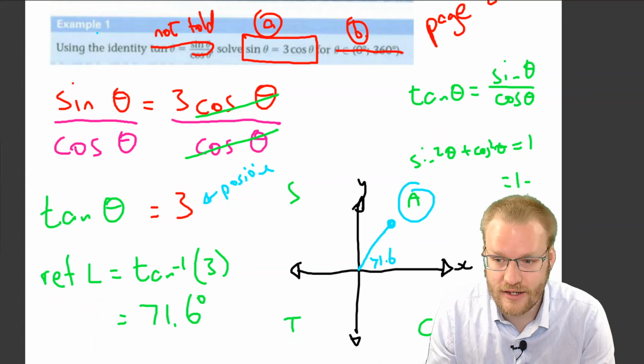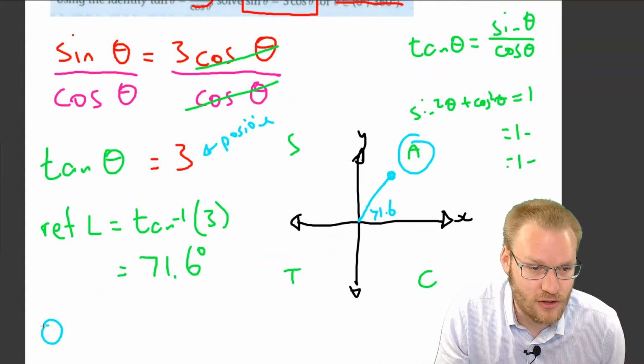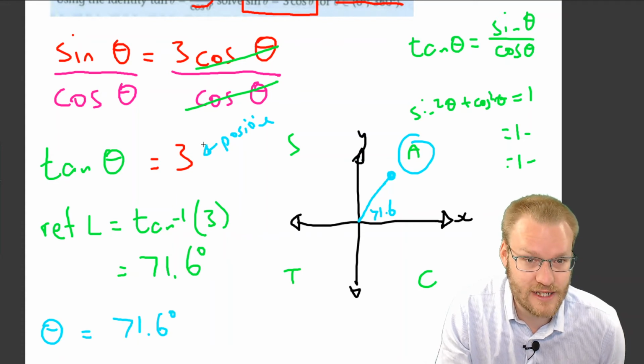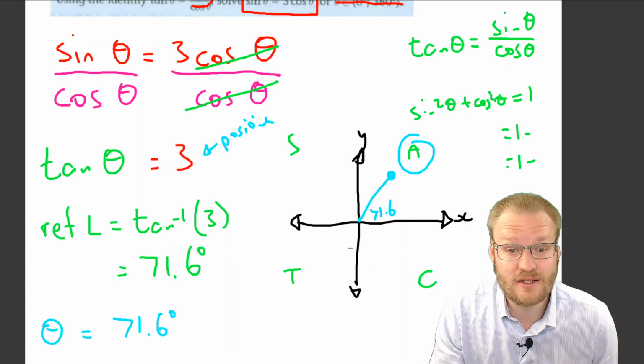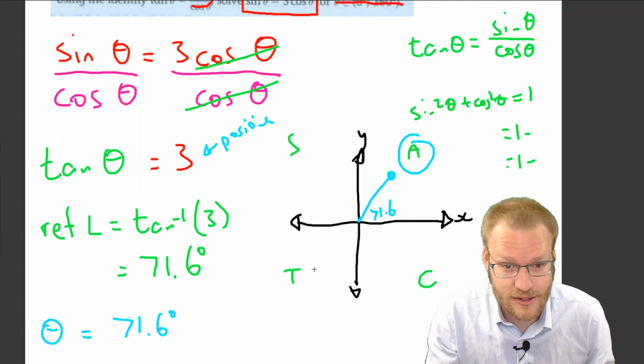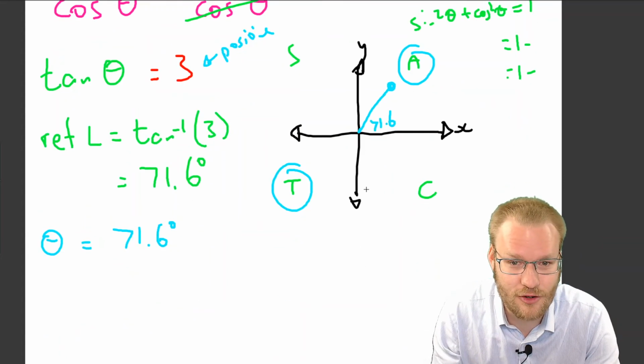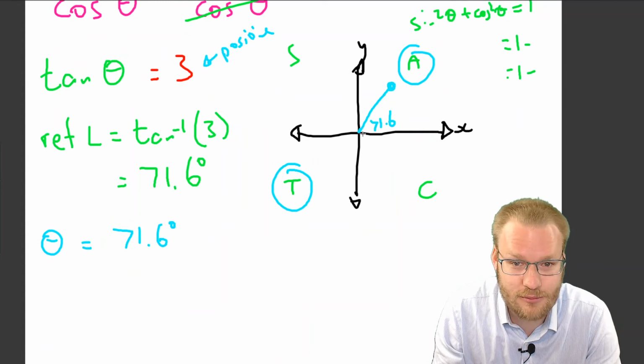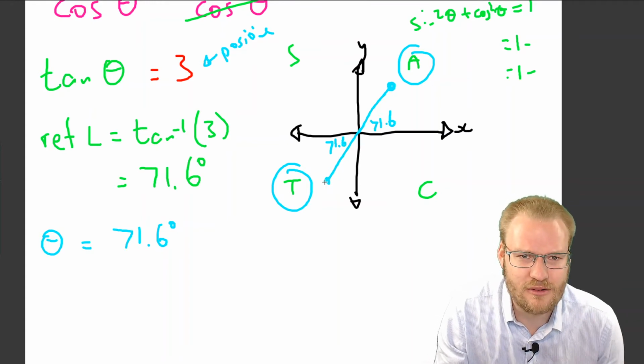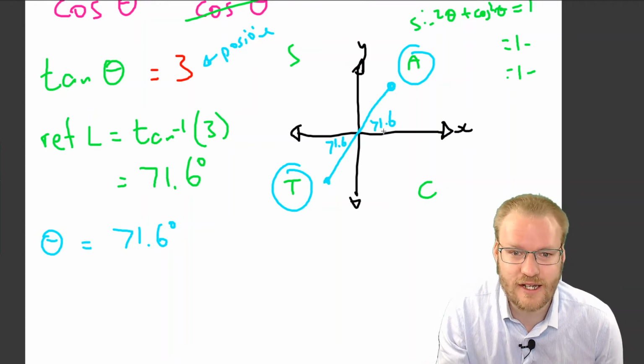So one option for theta is 71.6 because tan is positive. Where else is tan positive? Well, there it is, quadrant 3. So if that's 71.6, we reflect. Life's easy when we're doing this because we're just getting to the x-axis.